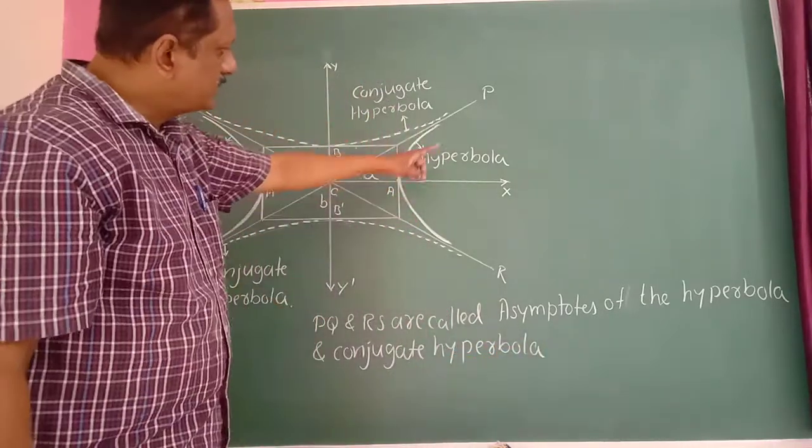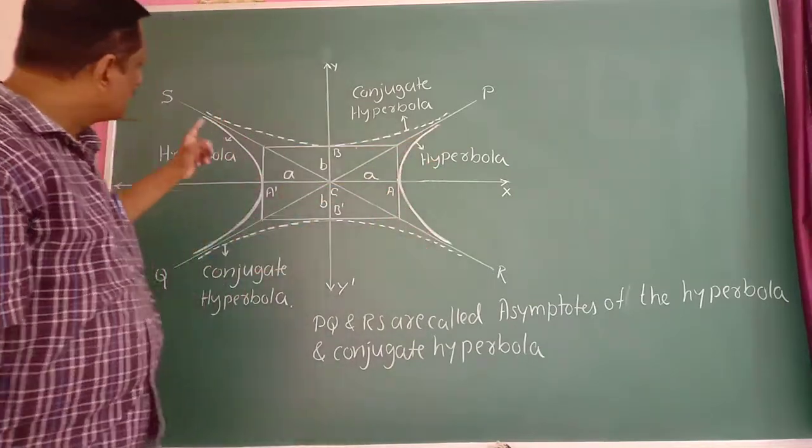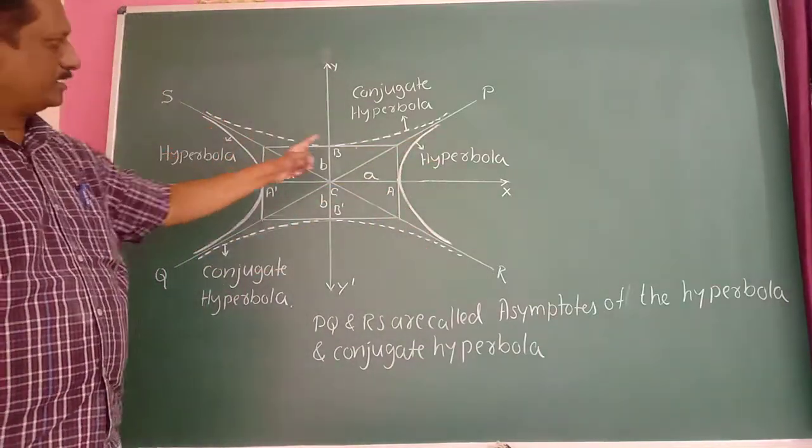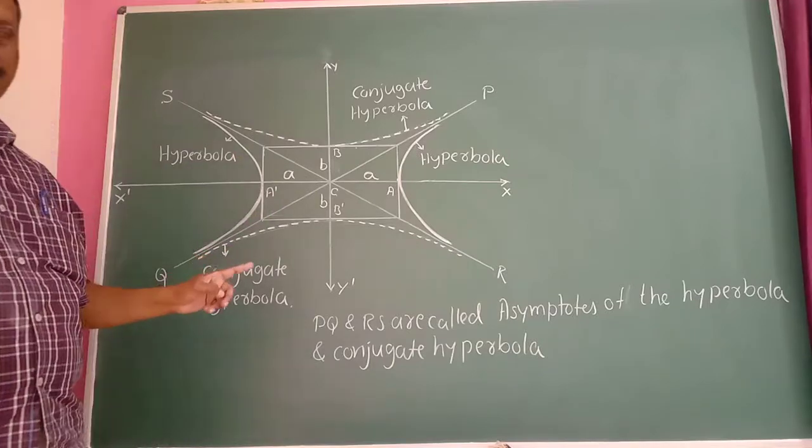Okay, here this dark curve is the hyperbola, and the dotted curve is the conjugate hyperbola.